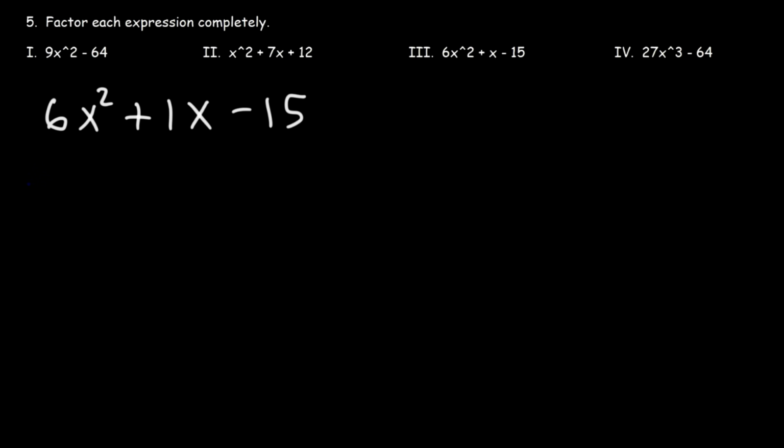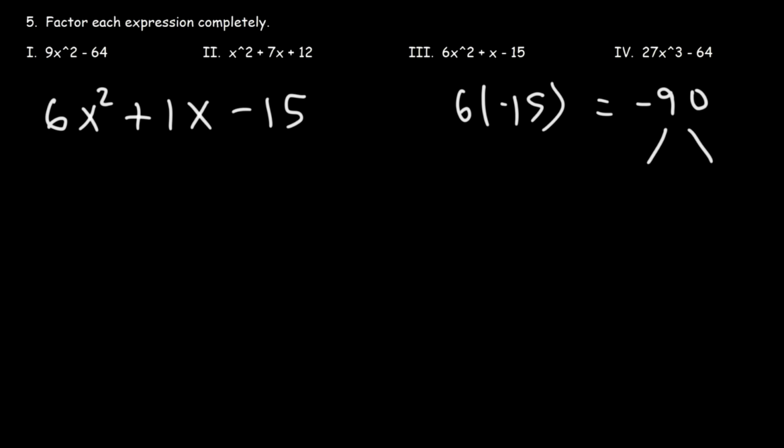The first thing you want to do is multiply the leading coefficient by the constant term. So you want to multiply 6 and negative 15. 6 times negative 15 is 6 times 10 is 60, 6 times 5 is 30, 60 plus 30 is 90. So this will give us negative 90. Now, what two numbers multiply to negative 90 but add to positive 1?